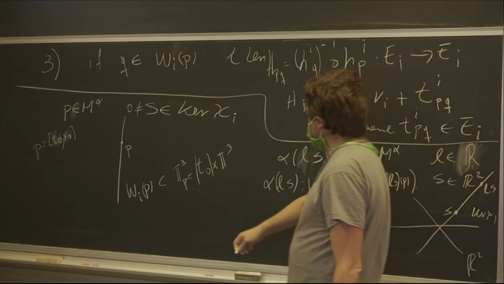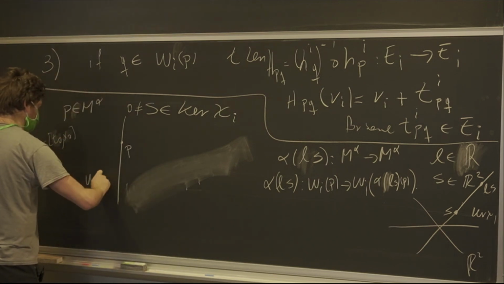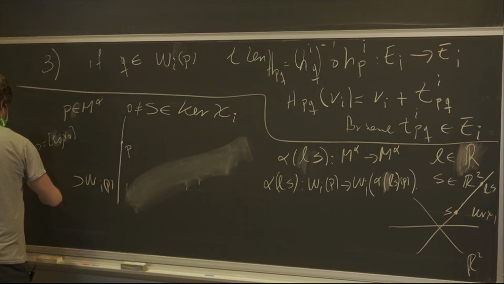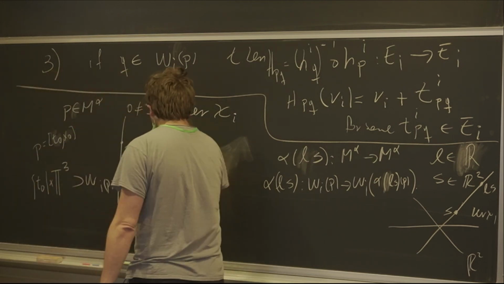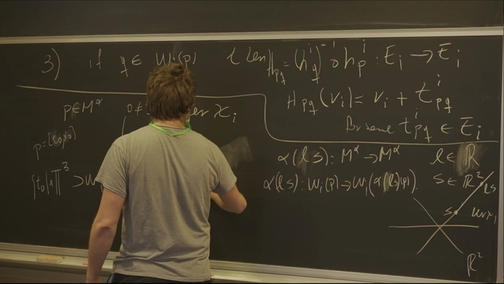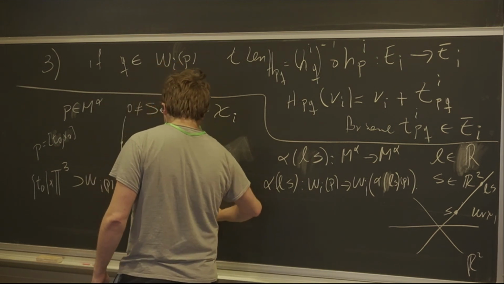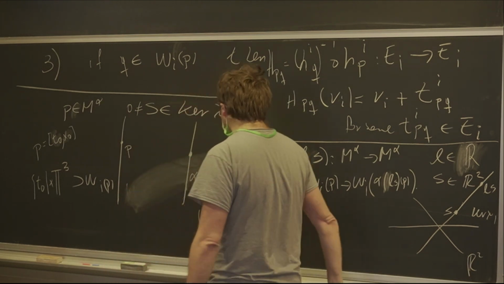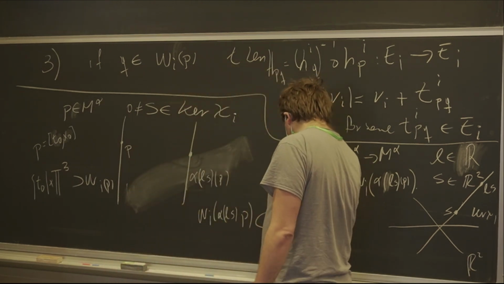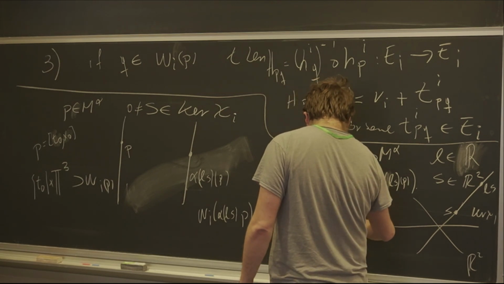So I start moving this guy. So this W^{wi}_P is contained in T^0 times T^3, and I flow. Here is alpha_{Ls} of P, here is its W^{wi}, which is actually inside T^0 plus Ls times T^3.